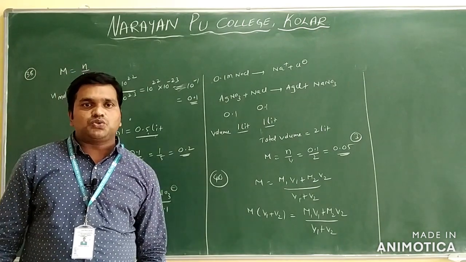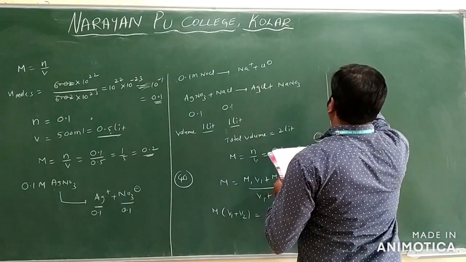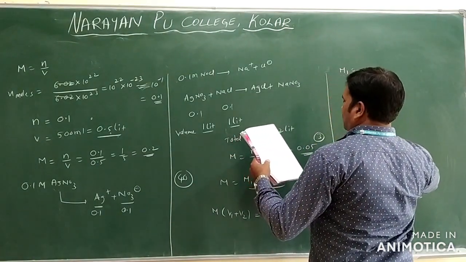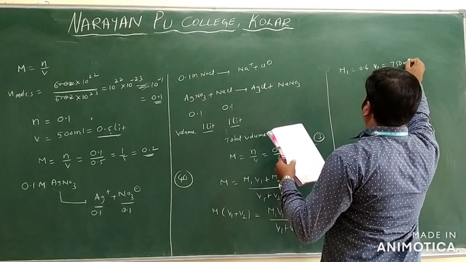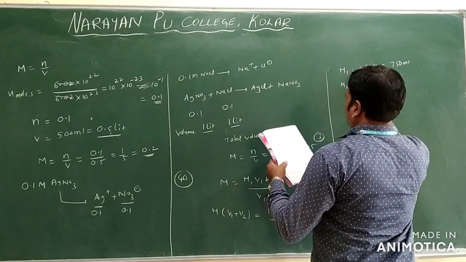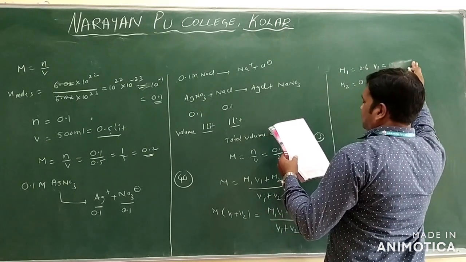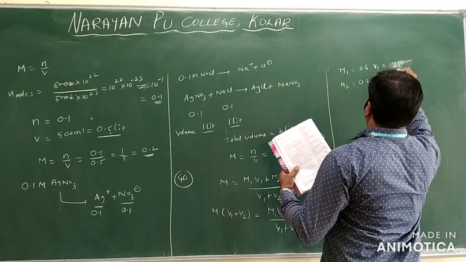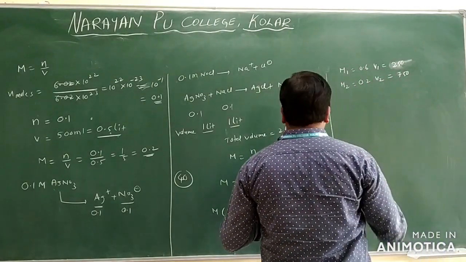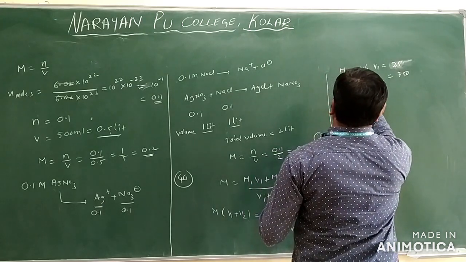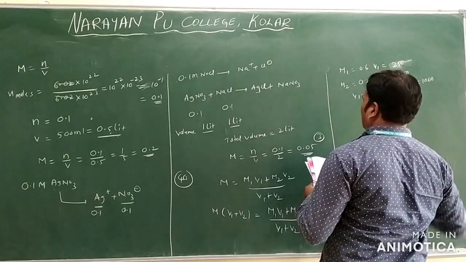Then you can see the values that are given. Let us see the values from this given information. I will write here M1 is equal to 0.6 and V1 is equal to 250, M2 is equal to 0.2 and V2 we have 750. V1 plus V2 is equal to 250 plus 750, that is equal to 1000 only.